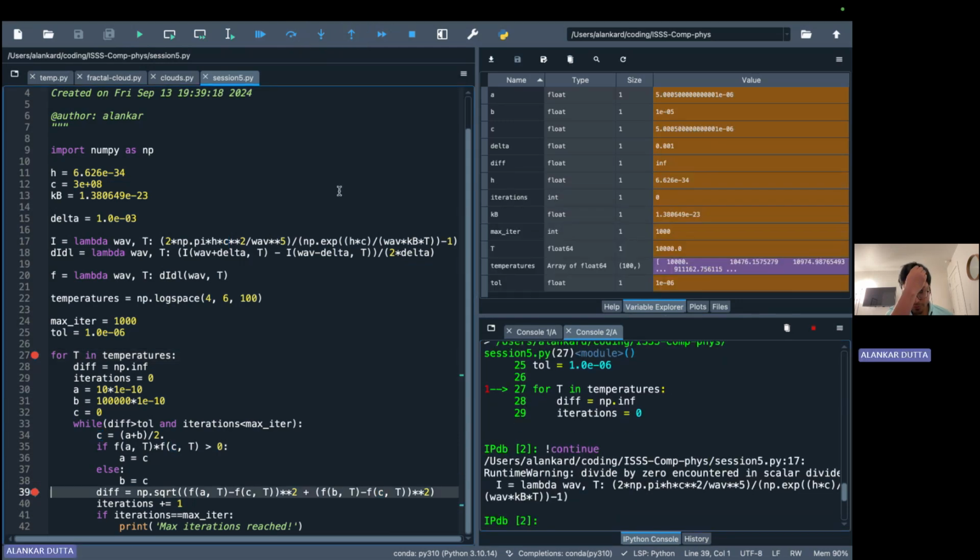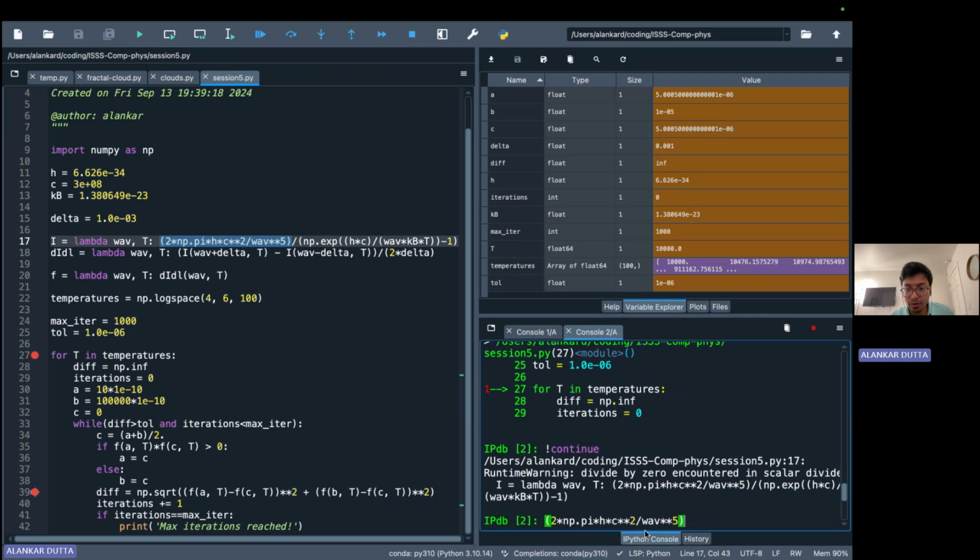Let's run to the next breakpoint here. What I'm now going to do is just break it down into small parts, just to see where the problem is happening.